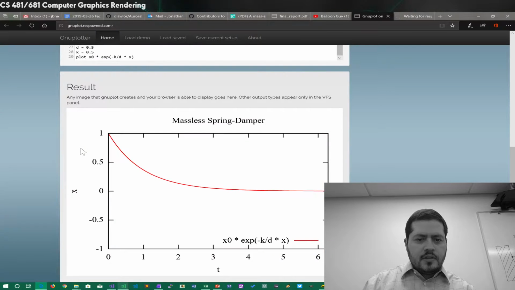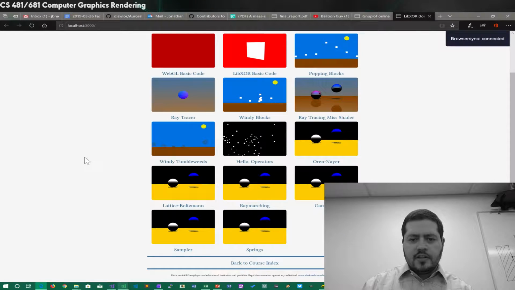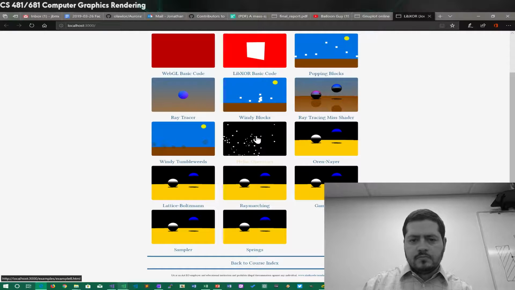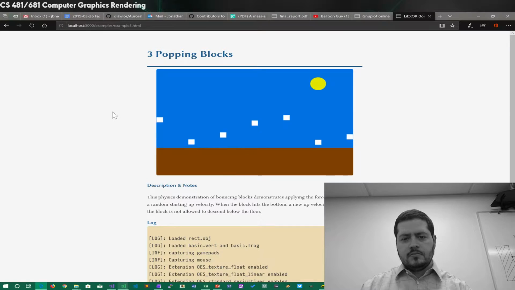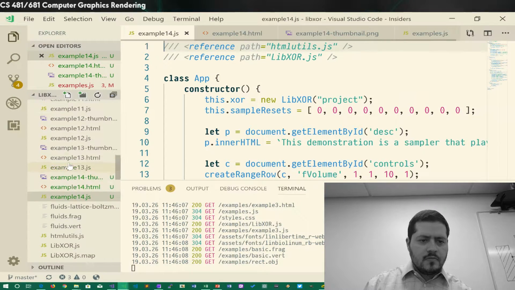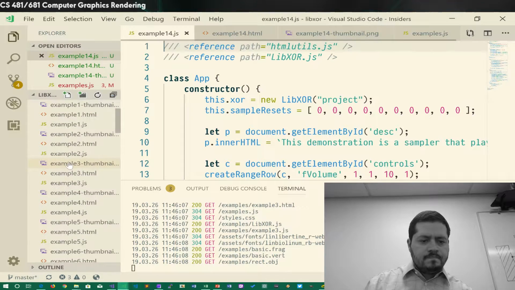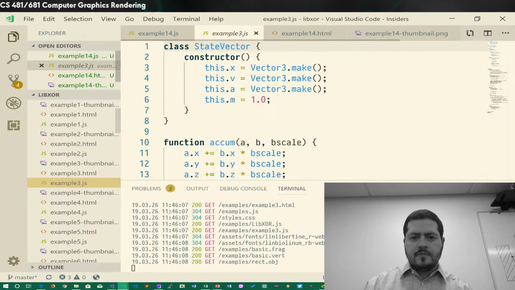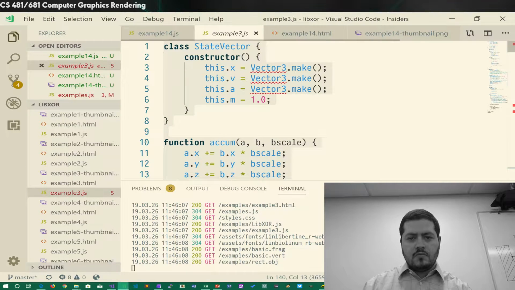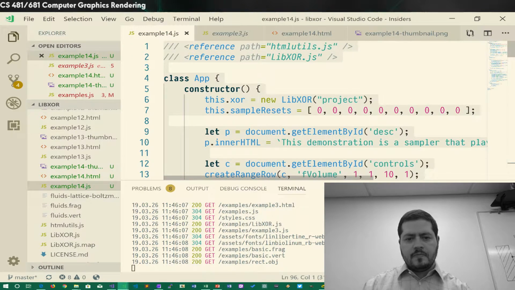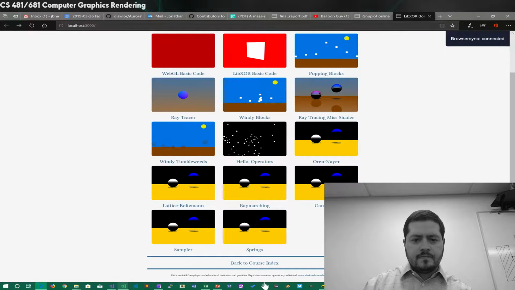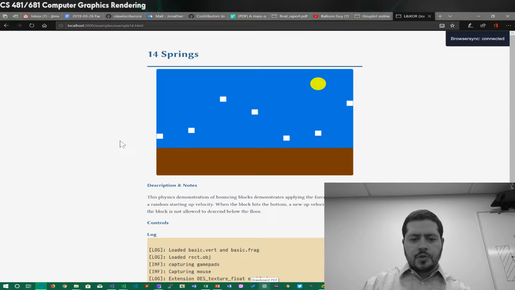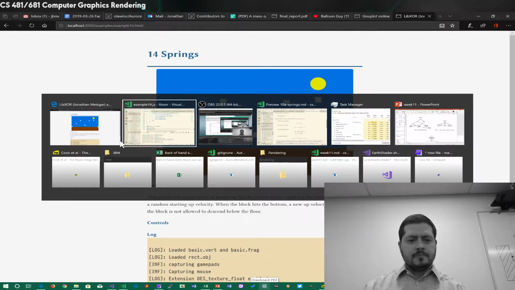And I think let's find a good one to start off with. Let's go with the popping blocks one. So I think that's example 3. Okay, so we got something we can start off.